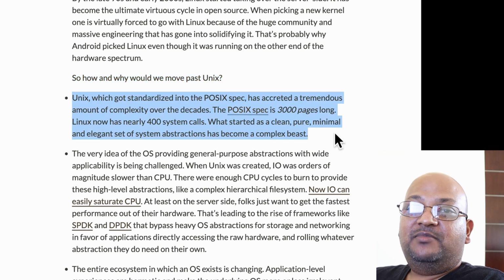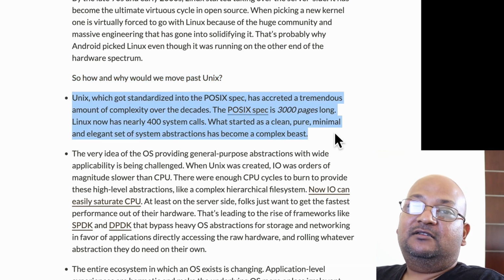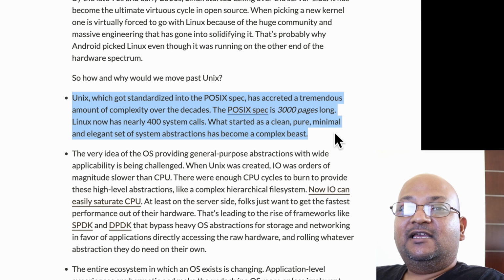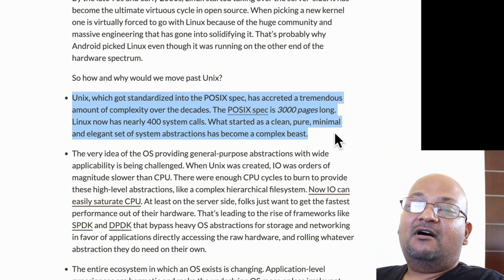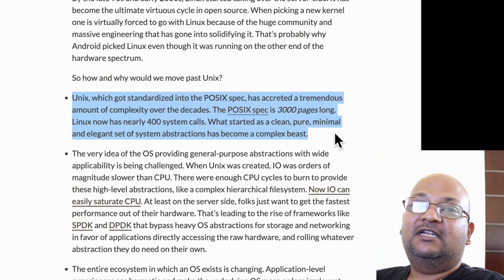In my mind, the biggest reason to re-examine Unix's dominance is the sheer complexity it now has. What started as a small set of clean, simple, elegant, and powerful abstractions has accreted an enormous amount of complexity over the decades.